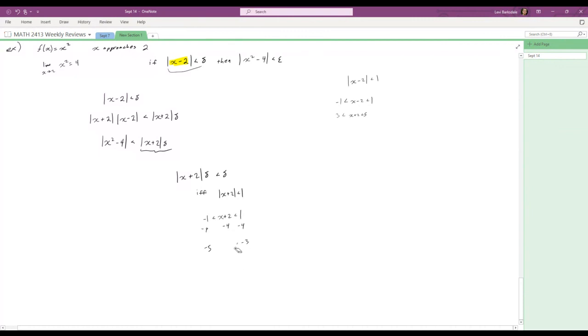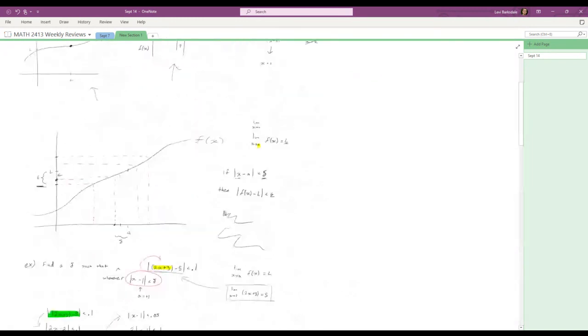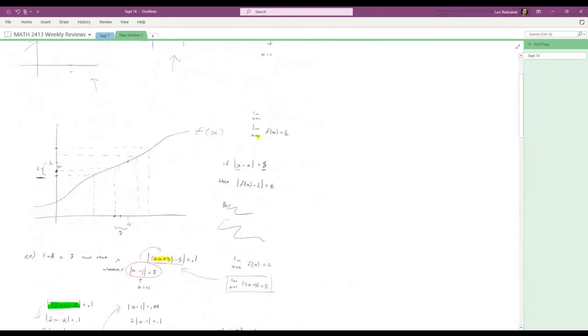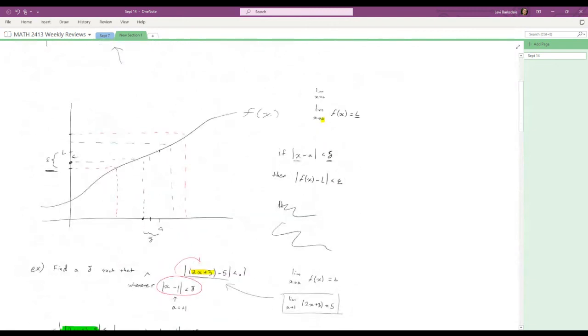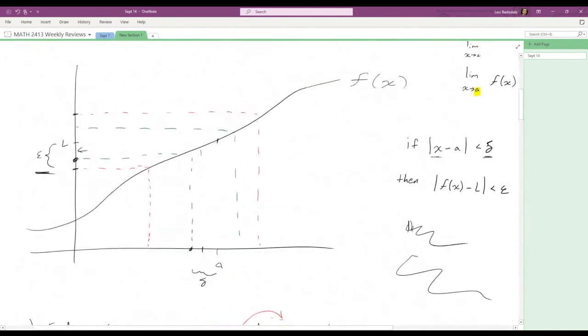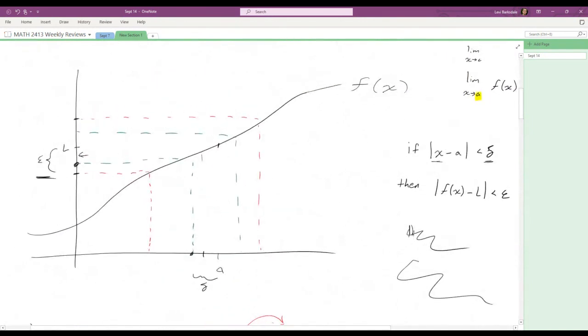So if we look all the way back at our original picture for our epsilon delta limits, think way back, way up here. We'll scroll all the way up. Looking back at our original picture, we have a couple of options for what to do with our delta.